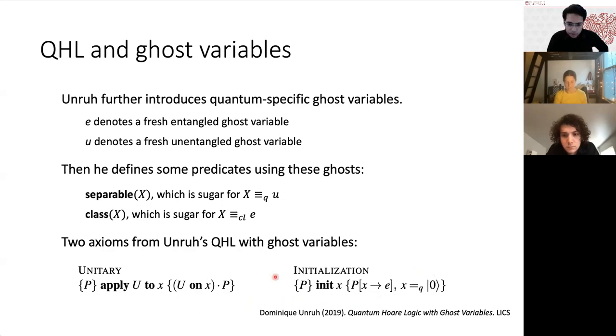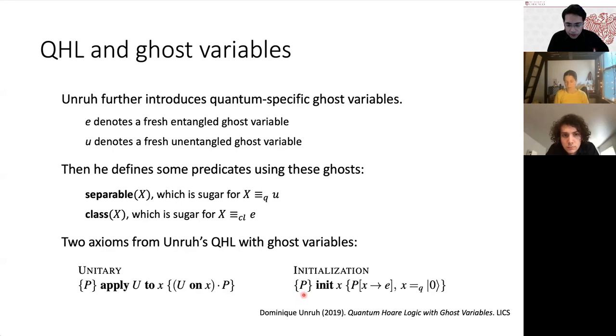And then there's another axiom, which is a little more interesting, but we will not be using it, where there is initialization of some qubit being done. Here, x is supposed to be a qubit, which is different from the language I'll show you later.